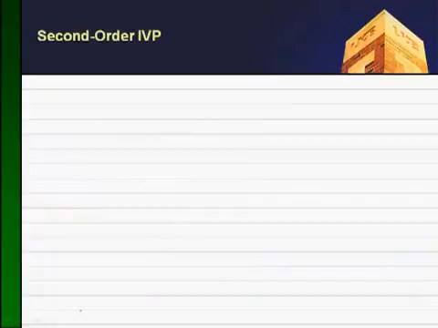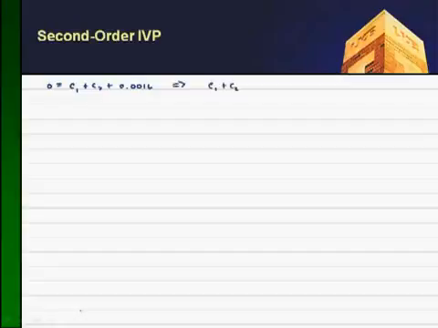I get that 0 equals C1 plus C2 plus 0.0016, which we could write as C1 plus C2 equals negative 0.0016. When I apply the second condition, I get 0 equals negative 10 C1 minus 100 C2 plus 400 times that value I found for B, which was 0.00584.